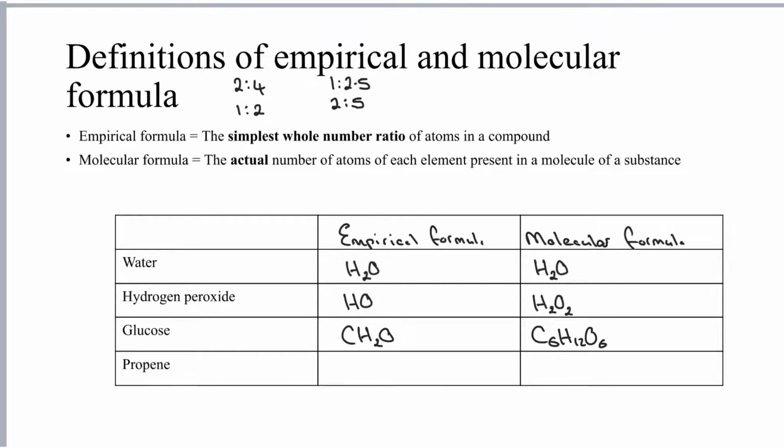Just write that down. So C3H6, so 3 to 6, not a simplest ratio, but CH2 would be. So quite often the empirical formula and the molecular formula are the same, but the molecular formula will be a multiple of the empirical formula.